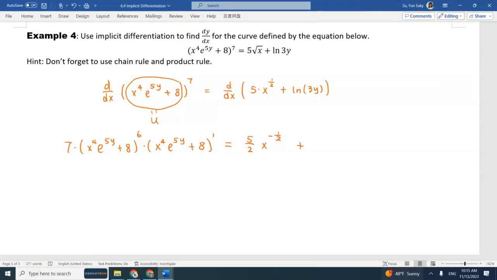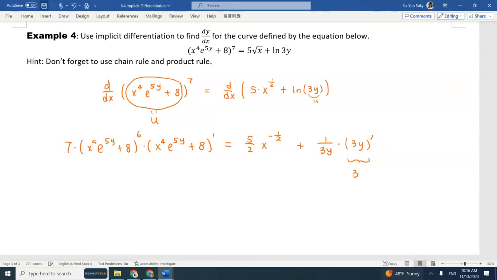Well, how about the derivative of ln of 3y? See, this is like a u. It's 1 over u times u prime. Right, everybody? And actually, what is this u prime?